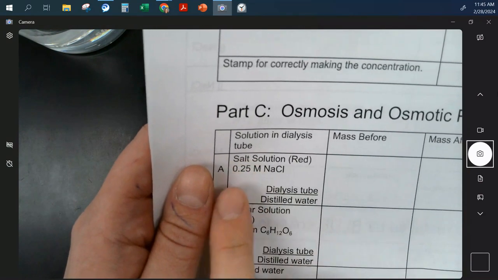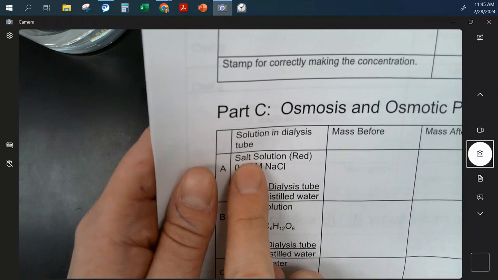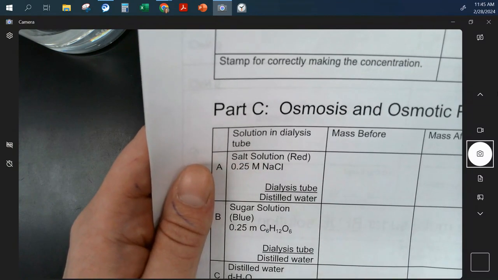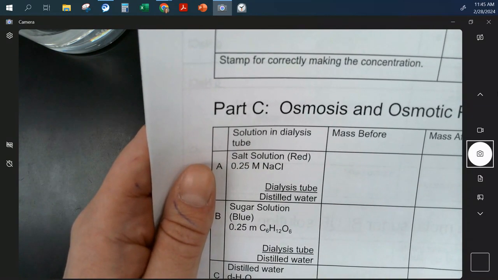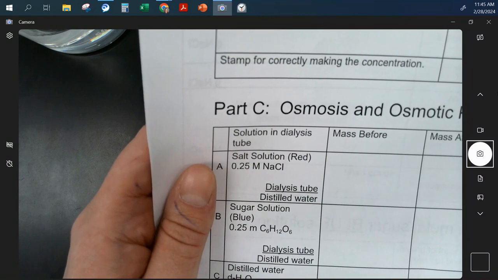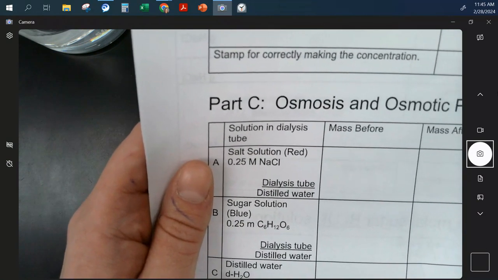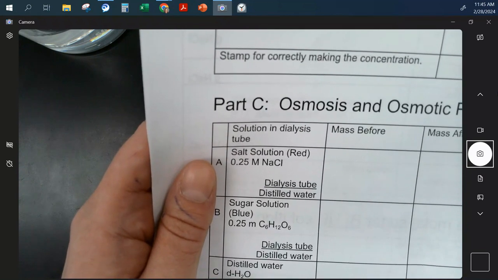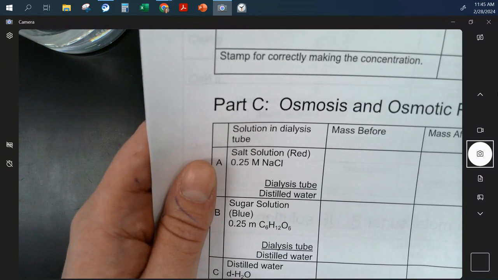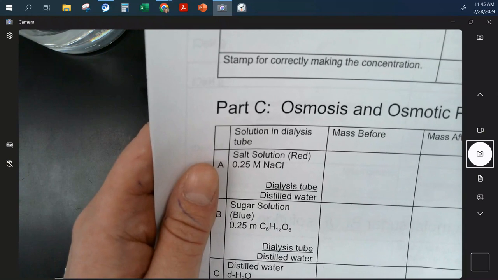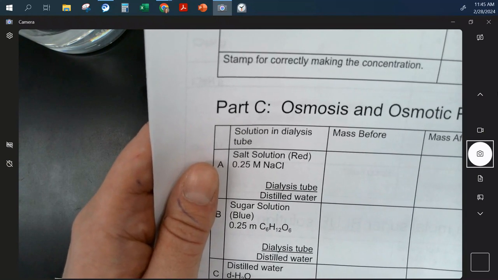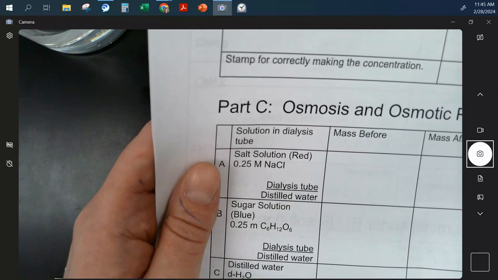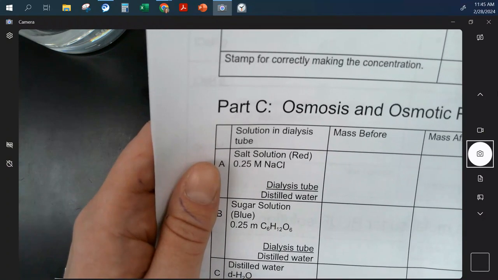So this one, we would predict should increase in mass because you have distilled water. Anyways, it tries to get to equilibrium, so they're going to try to equal each other.